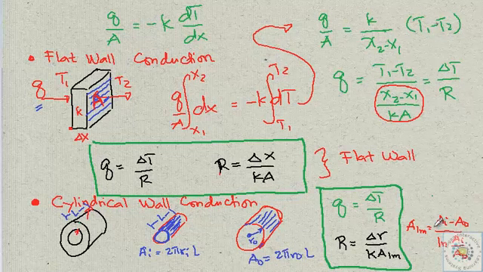Things will be simpler if you only need to memorize the same equation for a flat wall and a cylindrical wall. Not much really of mathematical complexity. What I'm trying to show here is, well, if we could think of this as one, then why not?